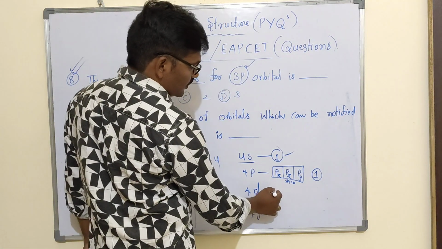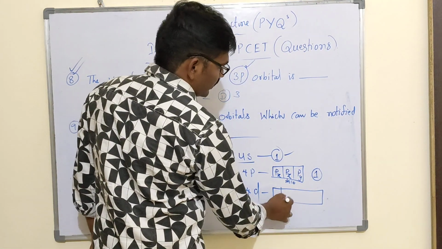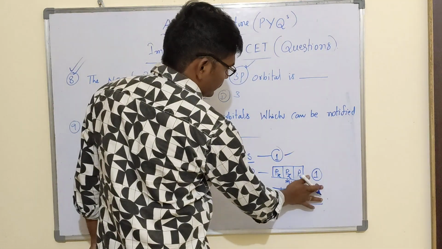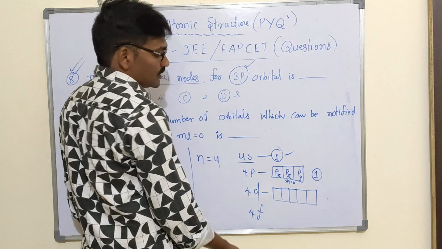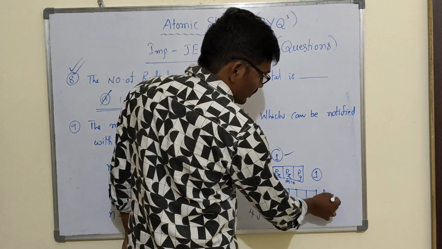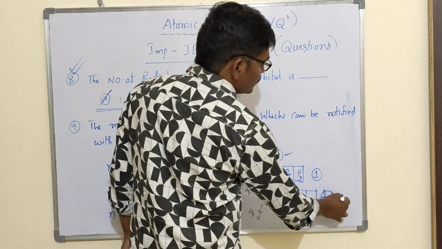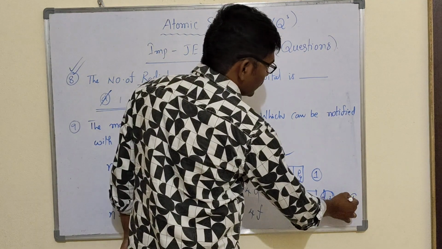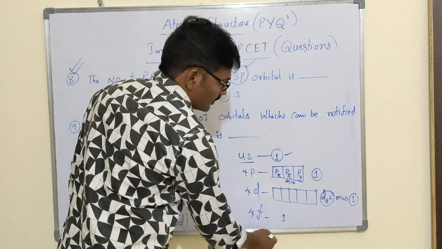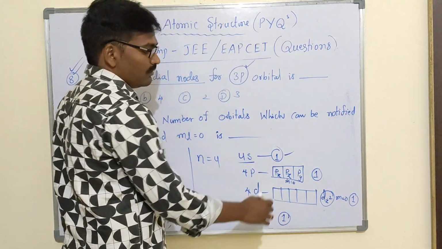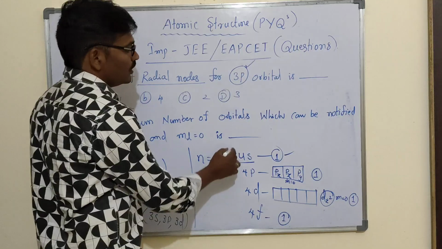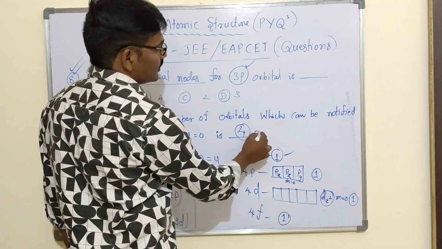Then in d, if you take 5 orbitals, 1, 2, 3, 4, 5, one of them, that is the dz square orbital, has m value 0. You have to remember. So here one orbital is there. Then in 4f also, one of the orbitals has m value 0. So 1, 1, 1, 1, totally 4 orbitals are present.